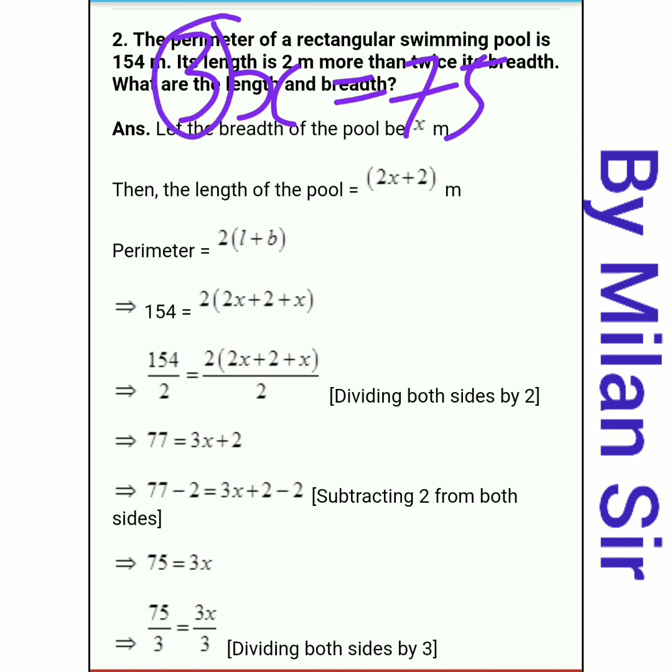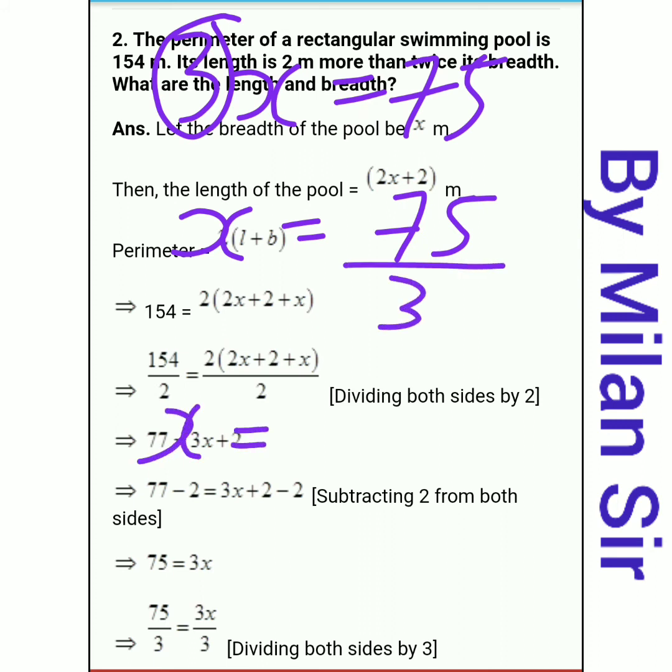Right now 3 is in multiplication with x, so if we transfer 3 to the right hand side, it goes to the denominator. So x is equal to 75 divided by 3, it is 25. So x is equal to 25.